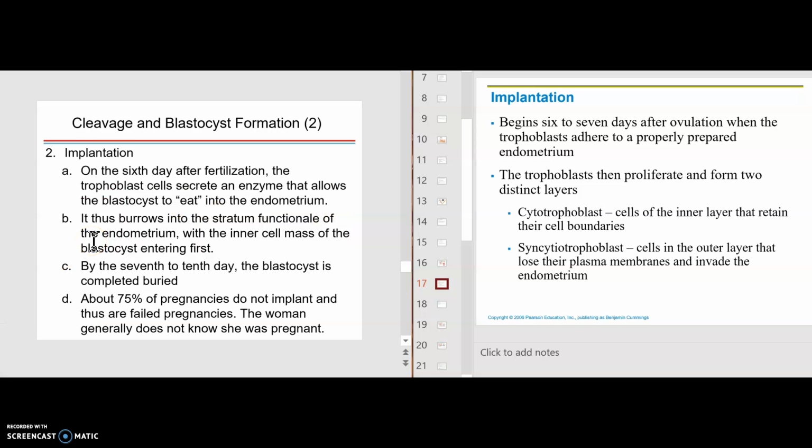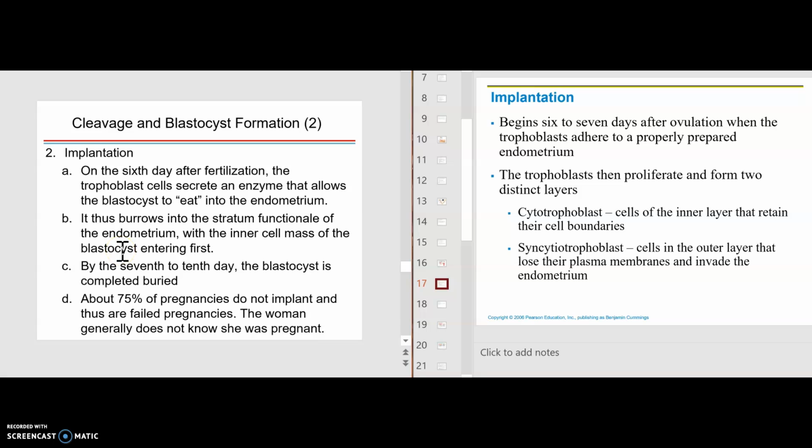Implantation. So around the 6th to 7th day after fertilization, the trophoblastic cells secrete enzymes that allow the blastocyst to eat into the endometrium, really the stratum functionalis. Okay. The trophoblast then proliferates and forms 2 distinct layers. It thus burrows into the stratum functionalis of the endometrium with the inner cell mass entering first.